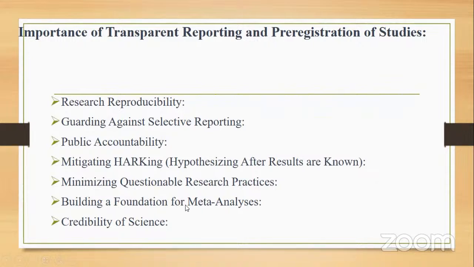You are building a foundation for the meta-analysis because, as I said, we don't want to compromise our evidence-based pool of information, because this mainly depends on meta-analysis, and meta-analysis depends on accurate research. And overall, by doing that, we will be accountable to the credibility of the science.